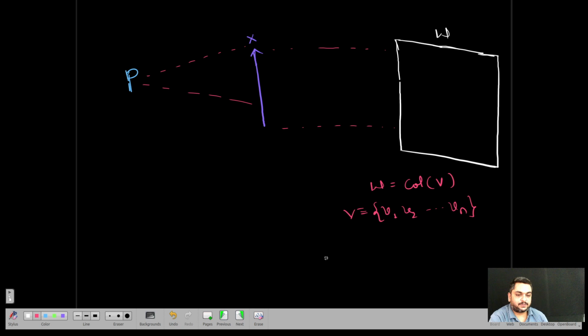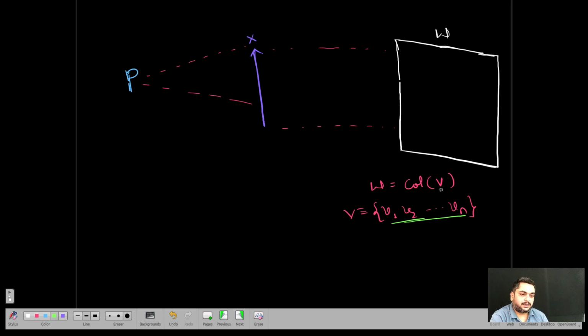How will you find the column space of V? I will write W equal to the column space of V, meaning all those vectors which are linearly independent form my basis, or span my column space. The basis you already know. How will you find the basis, the column space, and what is the span? That's why I asked you to go back to the previous video.